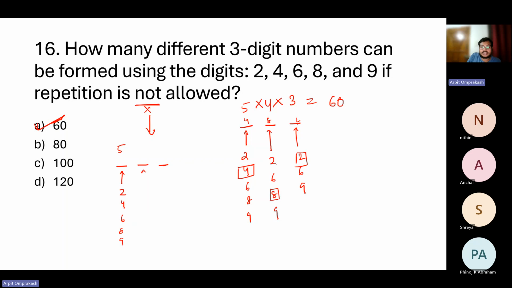The second again has 5 options, because we can repeat the digit we chose, like 4, 4 or 2, 2. The third also has 5 options. So we'll have 125 options because we are allowed to repeat the digits. But without repetition, it's 60.